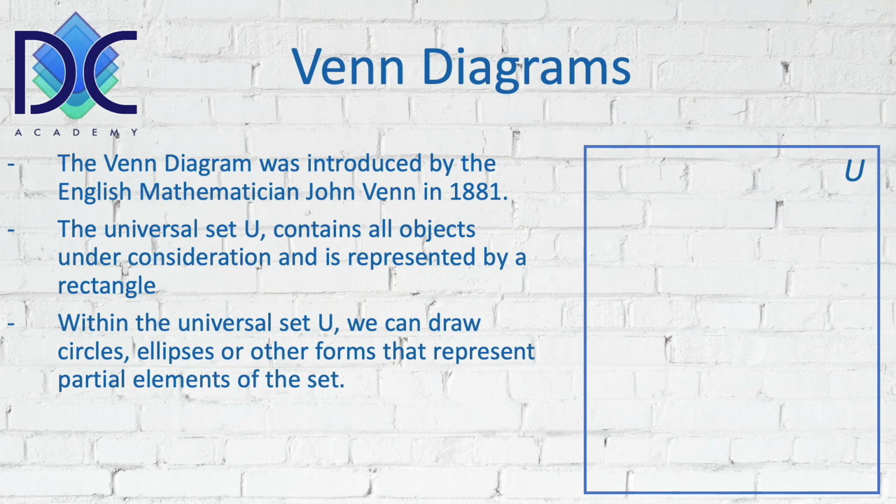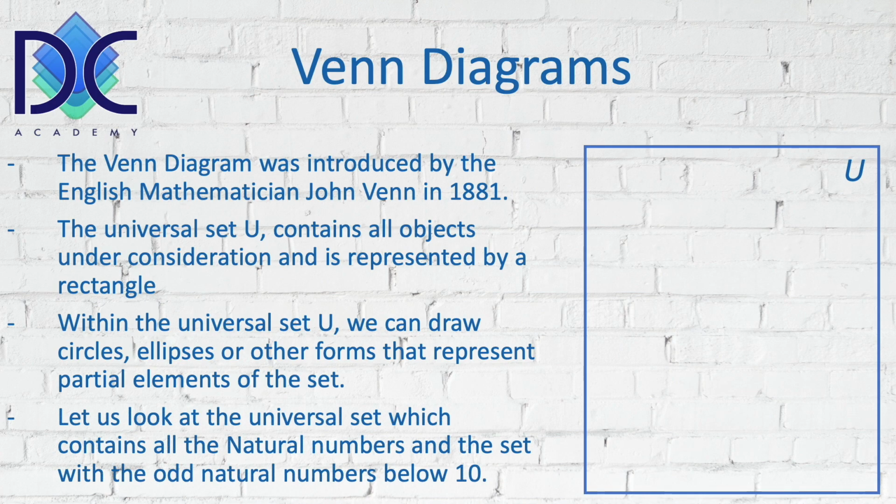Another element is that in the universal set, we can draw circles or ellipses that represent partial elements of the universal set. So we can make what we call a subpart of the universal set. For example, we consider all the natural numbers.